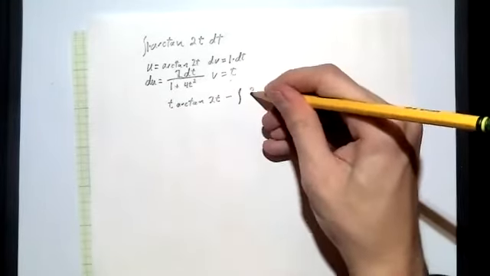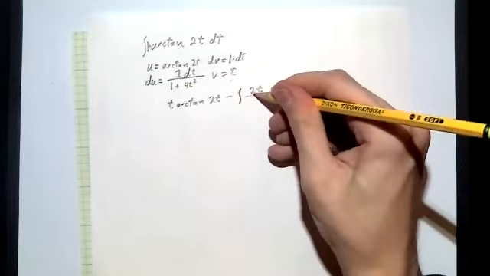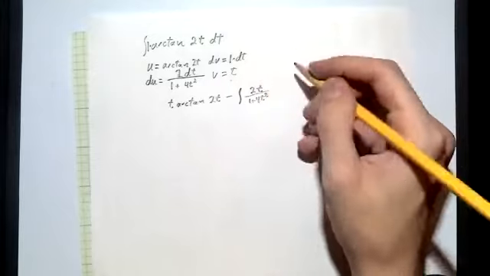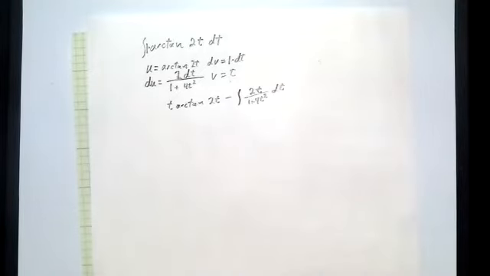So v on top, so 2t, because we have the 2 there, over 1 plus 4t squared. All right. So here, I'm trying to think of what's the best method.